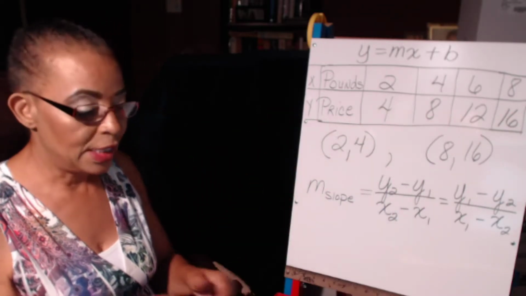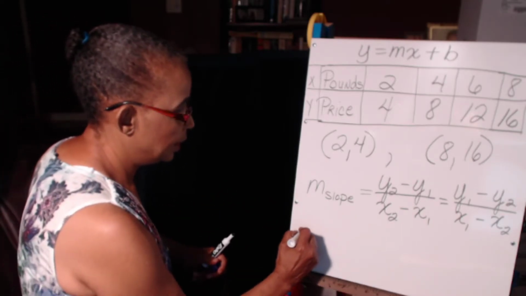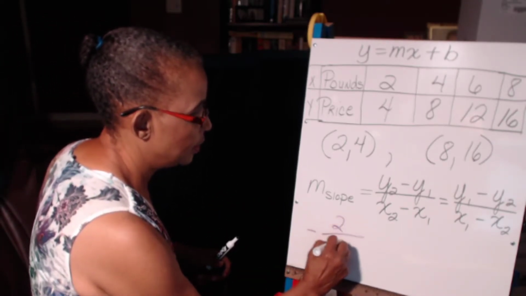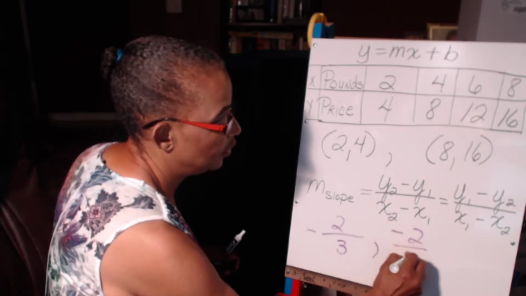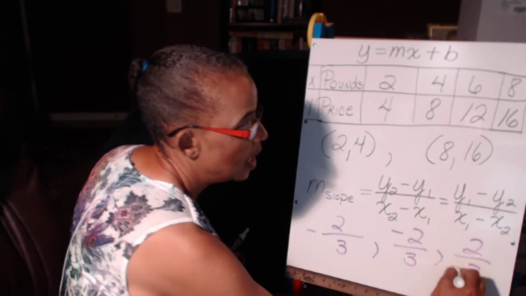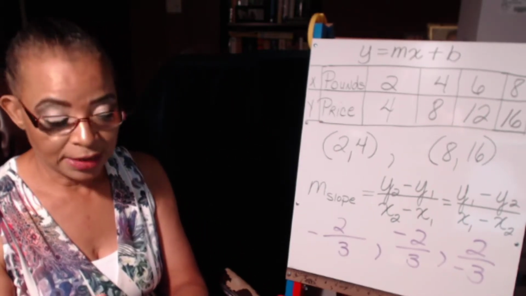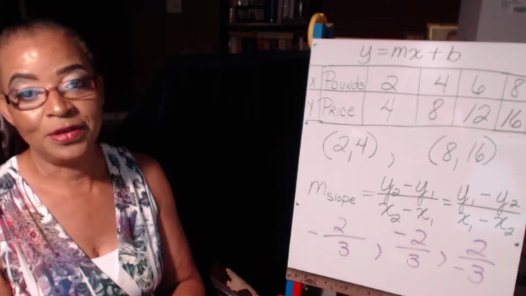But recall this, it doesn't matter whether the negative is in the center of your fraction or the negative is at the top of the fraction or the negative is at the bottom of the fraction. The entire fraction is a negative value, okay?